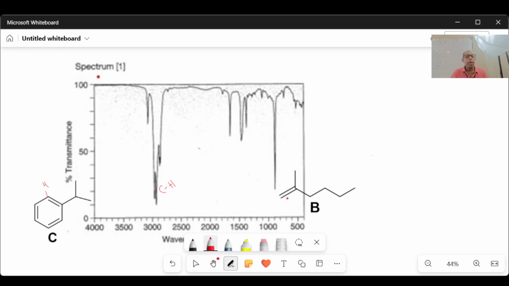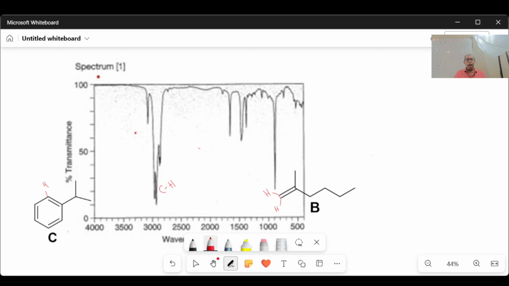But the main difference in these two compounds is that one is an aromatic compound with CH, and the other has a double bond. If you have that H and this H right there, compound B has this CH stretching, and compound C has this CH stretching.